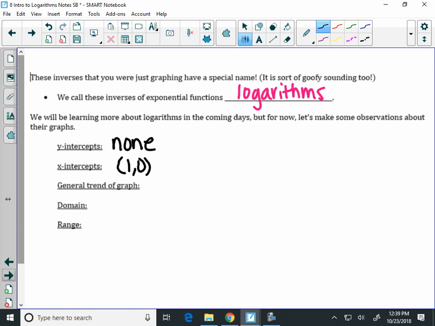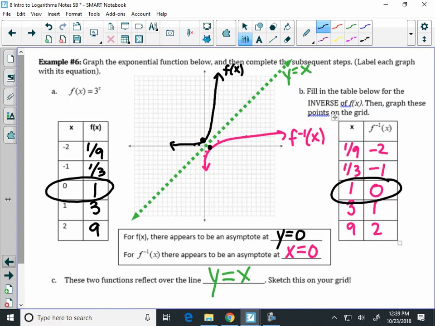What's the general trend of the graph? Increasing, decreasing? Pink one. Going up, going down? What's up, Jamie? Isn't there a y-intercept? Where? On this one? No, on the other one. Yes, on this one there is, but there's no x-intercept. Doesn't that count? It just says about logarithm.